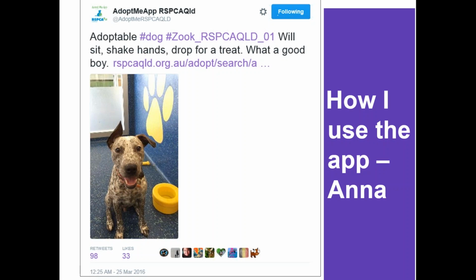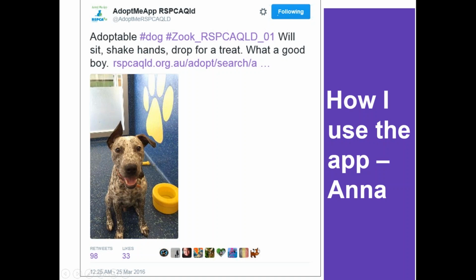But I think it speaks for itself. It's just a really cute view of Zook, and also very, very simple. She didn't do anything fancy. She just took a photo of him, and she just says, well, sit, shake hands, drop for a treat. What a good boy, right? And then it's wildly popular.